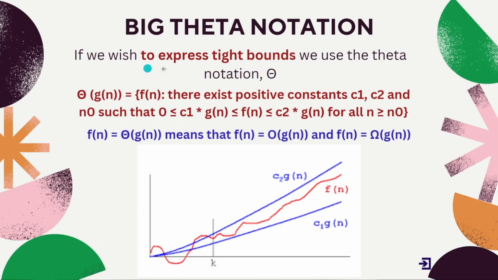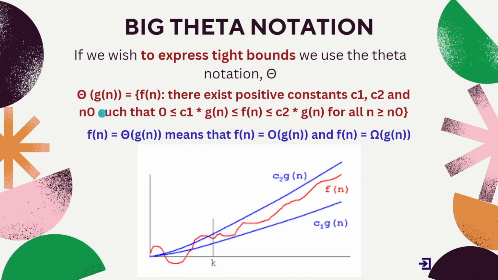Next, we introduce the third asymptotic complexity notation, which is big theta notation. If we are asked to express tight bounds, that is the higher and the lower bounds, then it is good to represent the same using big theta notation.